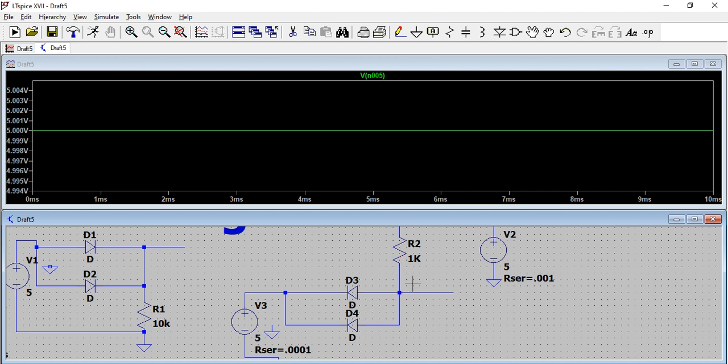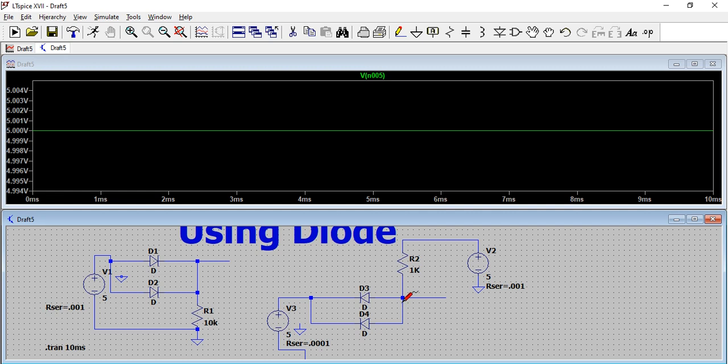Okay, the output is coming 5 volt, because in this condition there will be no current in both diodes. Now both diodes are open because the 5 volt signal makes the diodes reverse biased. So that's why here is the output voltage you will get, because these are working as open. So here you will get 5 volt.